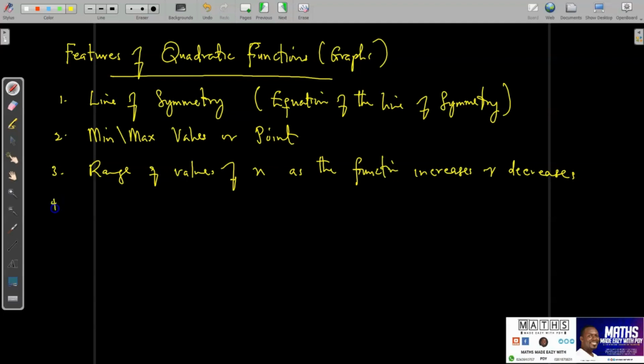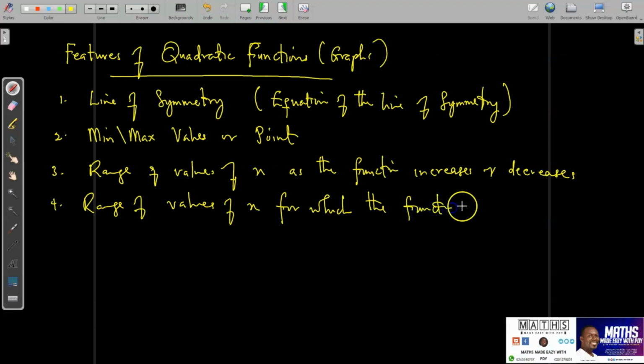Then they can also ask you the range of values of x for which the function is positive or negative. Now, mathematically, when it is positive, we can write it as y is greater than 0. And when it is negative, we can write it as y is less than 0. So if you don't see the word positive or negative coming, they can use this notation, and it still means positive and then negative.